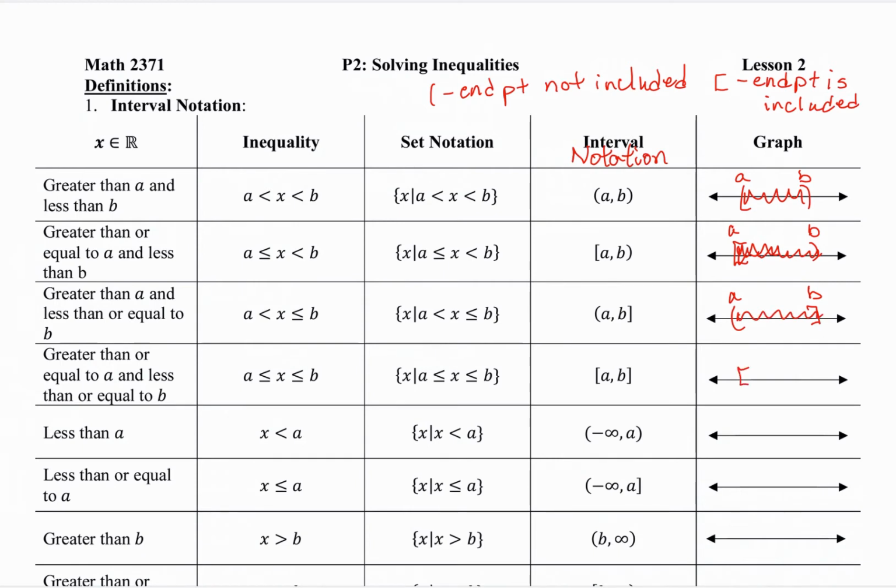If I include both A and B, then it should look like this. If I go from A to negative infinity, then it should look like this. If I go from negative infinity to A, but I'm including A, then it should look like this.